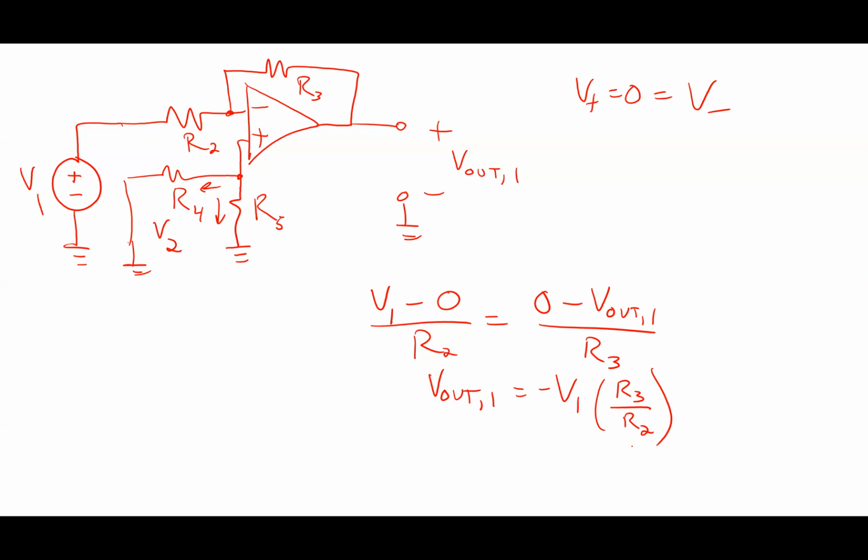Now, the other one's a little bit trickier. If I turn off V1 and turn on V2, let's do that one. I'll leave them this way. R2, I'm going to regret that here.